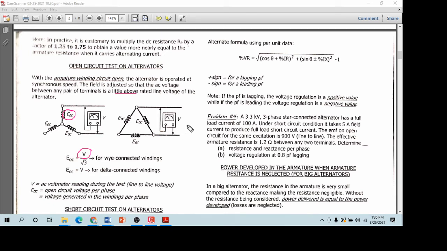And here in the delta configuration, your EOC is the same as V. As you can see here, the windings are in parallel, so they have the same amount of voltage.